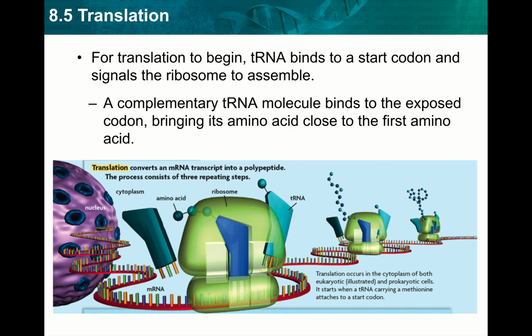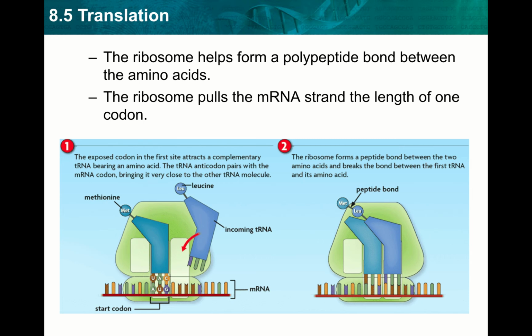So if we have AUG, we can see the start codon down in the bottom left corner of this picture. tRNA comes in with the complementary anticodon, which is UAC. And when it binds, it brings it close enough so that it can release that amino acid.